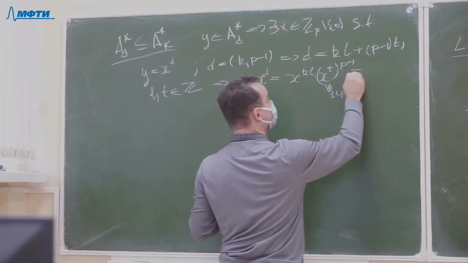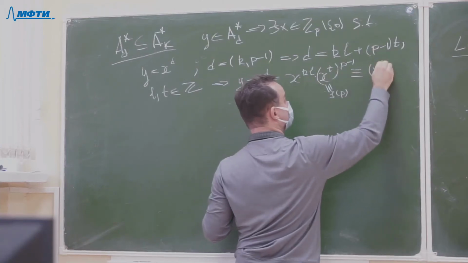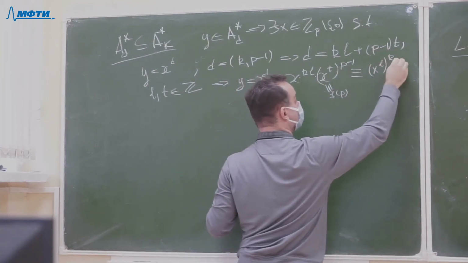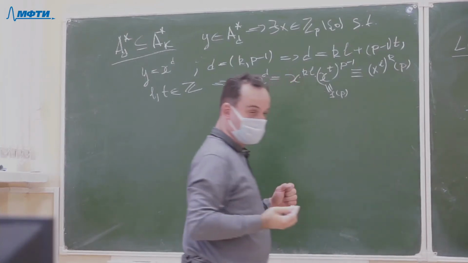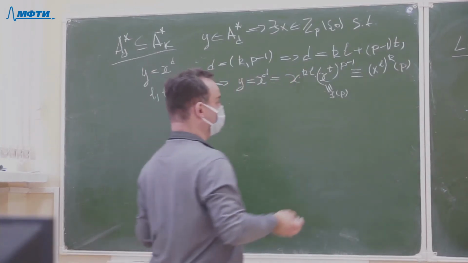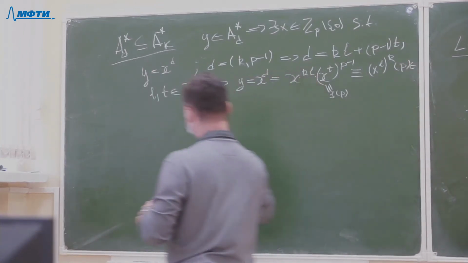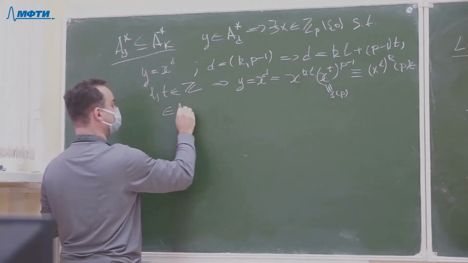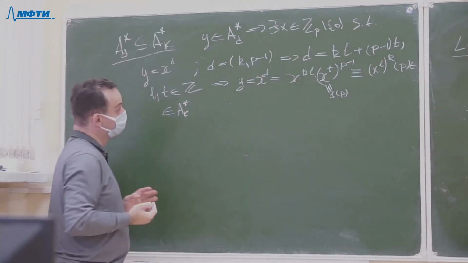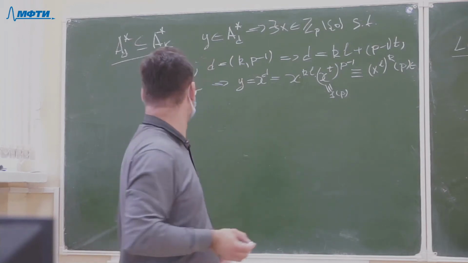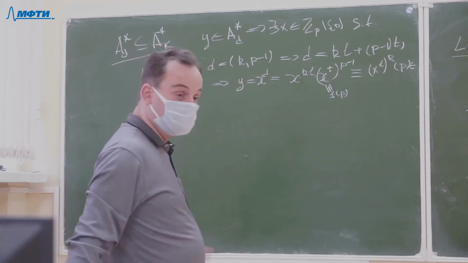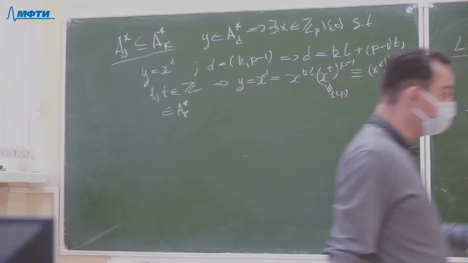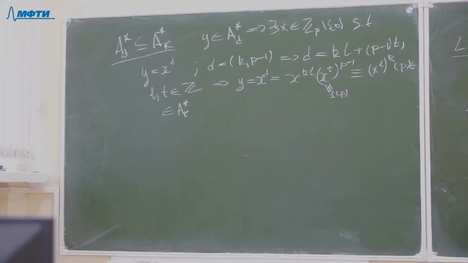So this is equal to x to the l to the k modulo p. But this is an element of a_k star. Well, the inverse inclusion is proved, so these are equal sets.